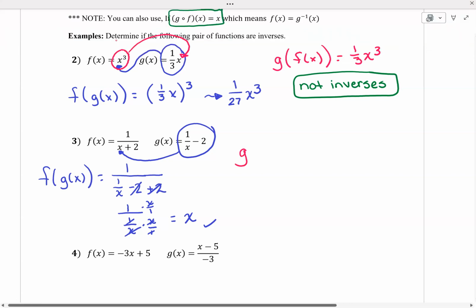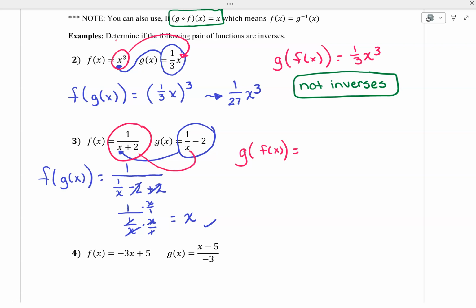So we want to take the f and plug into the g. So the f goes into the g. So 1 over x plus 2 minus 2. Okay. So here, so I can have more room, put the minus 2 over here.